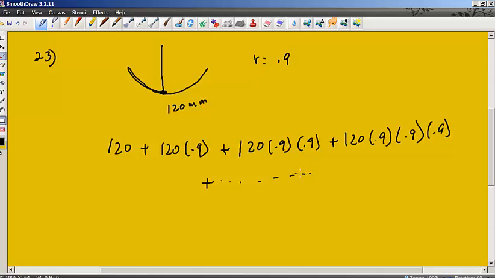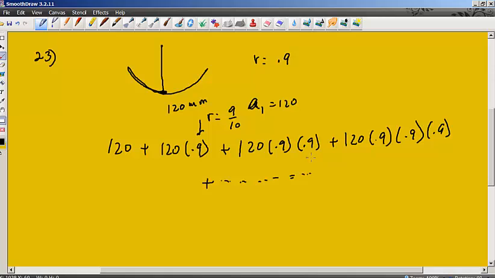Forever and ever. Okay, well, what's my ratio? Ratio is 0.9 or 9/10. What's my a sub 1? It's 120.